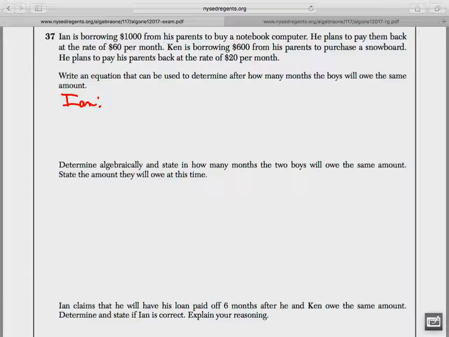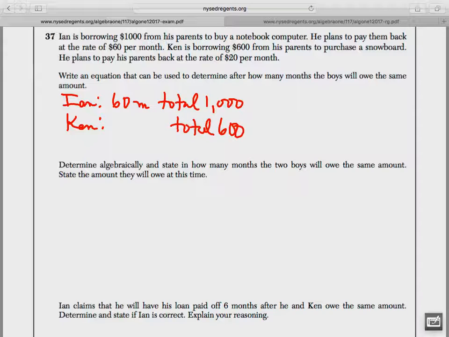So Ian is paying back $60 per month on a total of $1,000. And Ken is borrowing a total of $600, and he plans to pay back $20 per month. Write an equation that can be used to determine after how many months the boys will owe the same amount.